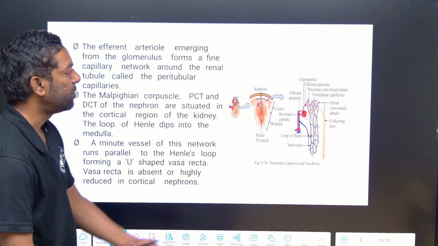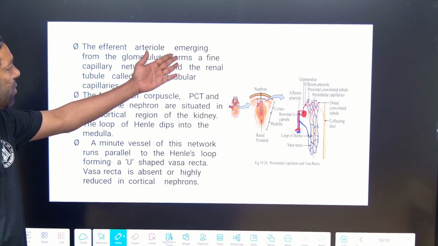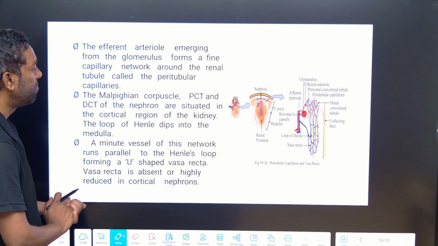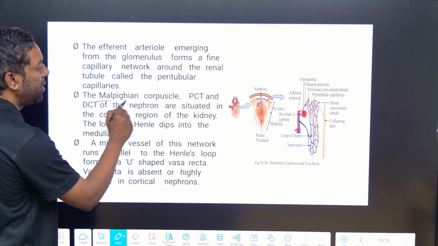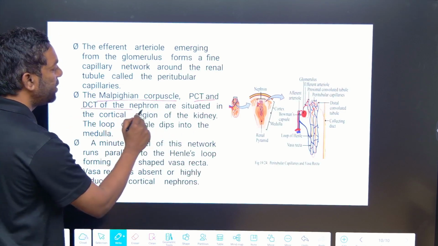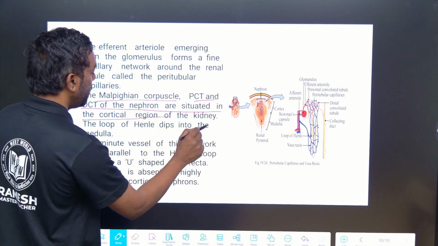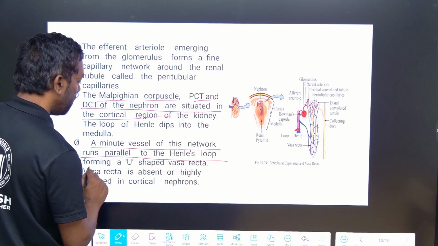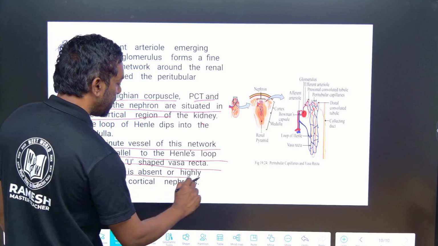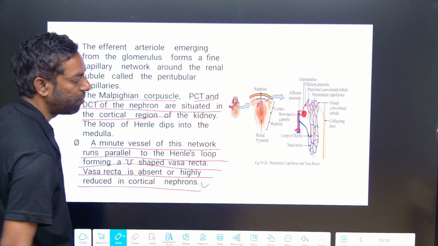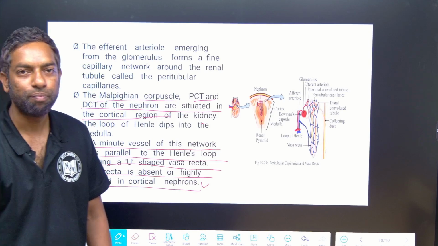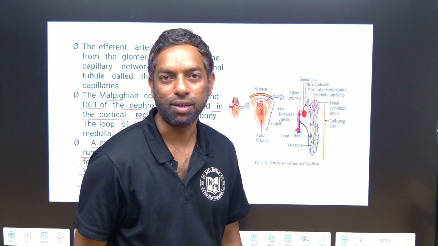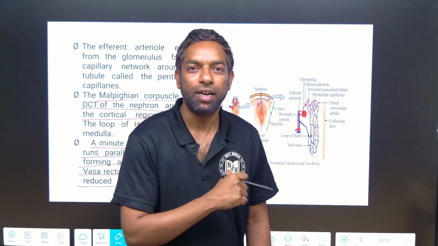The efferent arteriole emerging from the glomerulus forms a fine capillary network around the tubule. The Malpighian capsule, PCT and DCT are situated in the cortical region, and a minute vessel of the network runs parallel to the Henle loop, forming a U-shaped vasa recta, which is absent or highly reduced in the cortical nephron. Okay guys, this is about the nephron. We are going to discuss the formation of urine in the coming class. Stay tuned. This is NEET World. Thank you.